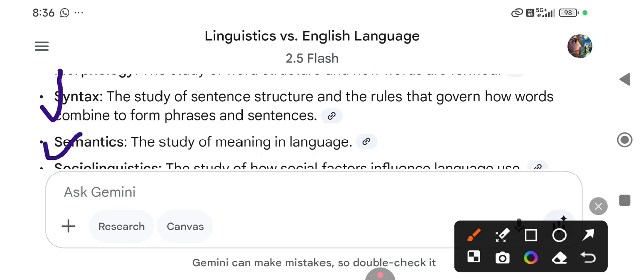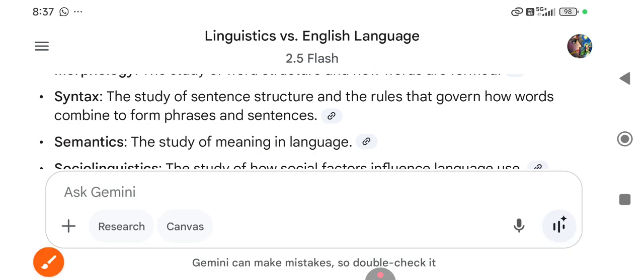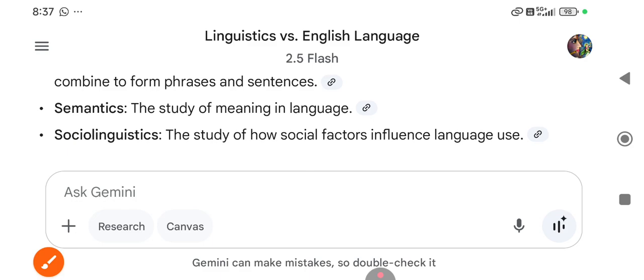Now come to semantics, the study of meaning in language. Semantics is meaning, right? Suppose I give you the example of confusion. There are a number of words for confusion, for example confound, baffle, flummox.